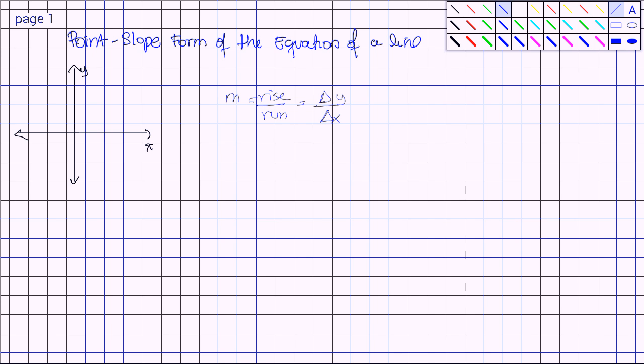So let's say we have a line that's passing through these 2 points. The coordinates of one point will be x, y, and then the coordinates of the other point x1, y1.